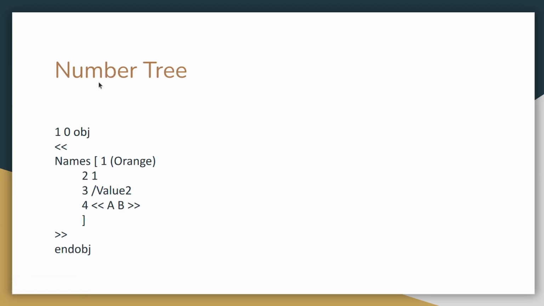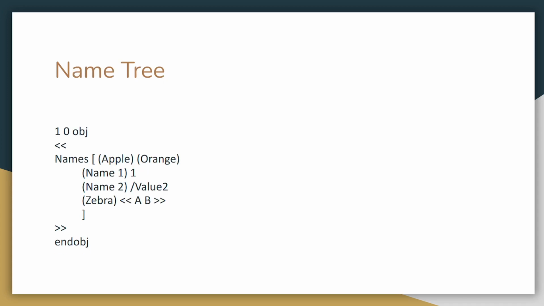And next we have the number tree. It's similar to the name tree, but instead it has numbers. And one thing about the name tree is that the keys are all sorted in ascending alphabetical order, like A, O, and Z. They have to be sorted.